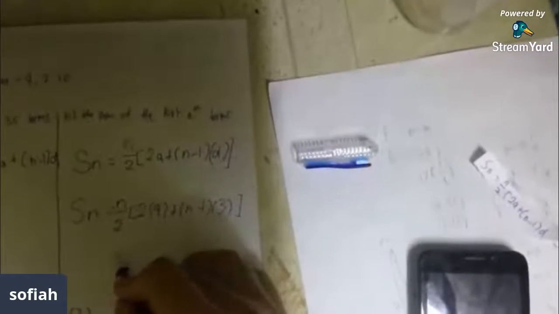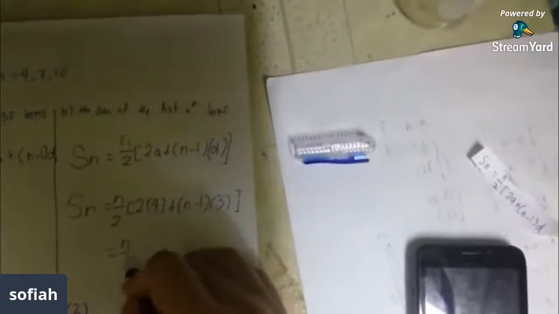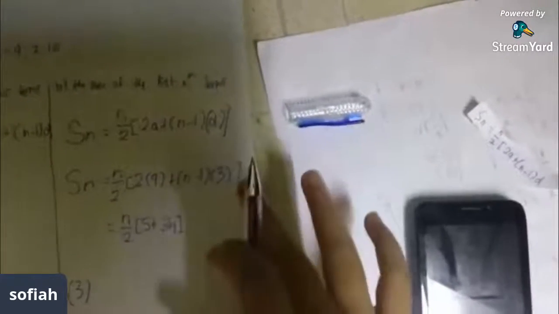Then we just solve this equation and the last answer is n over 2 (5 plus 3n). So this is the sum of the first nth term for this particular arithmetic progression.